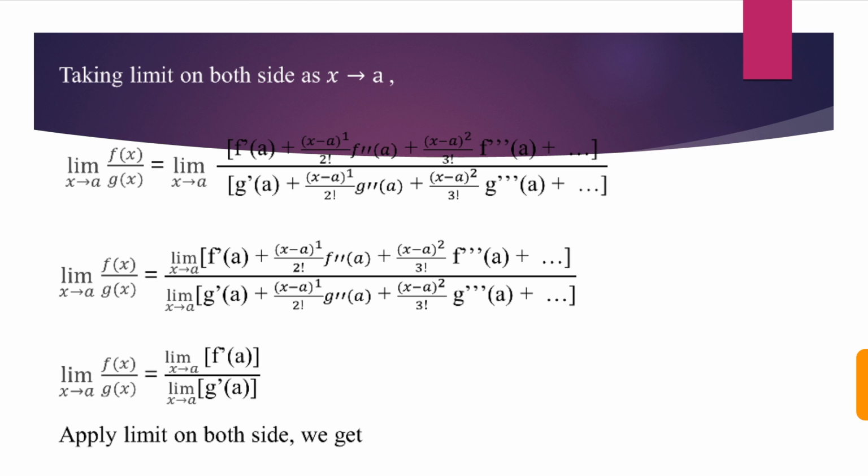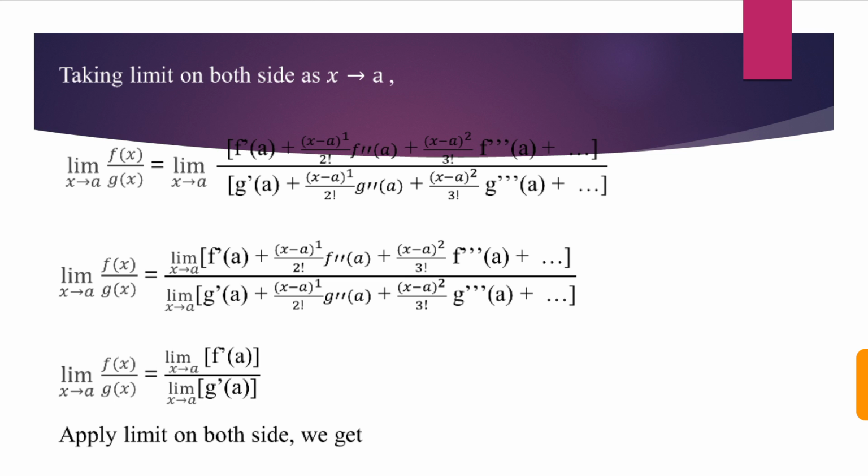Similarly for denominator, limit x tends to a g dash of a plus limit (x minus a) upon 2 factorial g double dash of a plus limit x tends to a (x minus a) square upon 3 factorial into g triple dash of a plus up to so on.